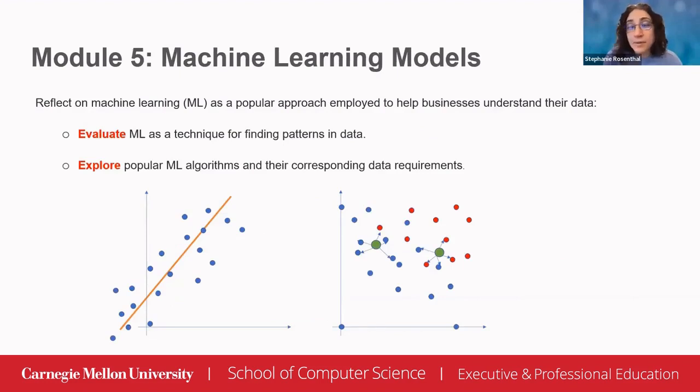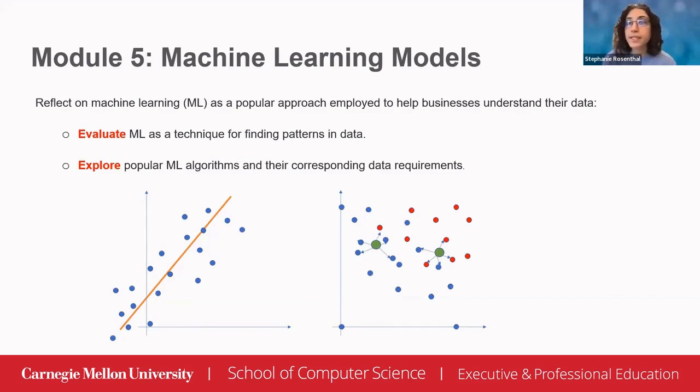So it wouldn't be an AI course without machine learning. Machine learning is really changing how we interact with AI systems today, mainly because of how much data that we can collect all the time. So in Module 5, we talk about machine learning models.